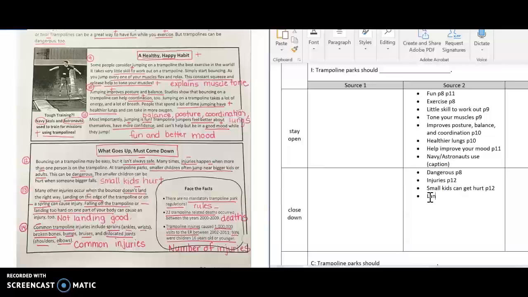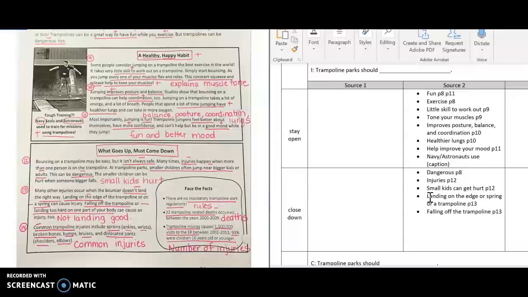So let's add to our matrix. Landing on the edge or spring of a trampoline. And that was paragraph 13. It also mentioned falling off the trampoline. Maybe you didn't even land somewhere.